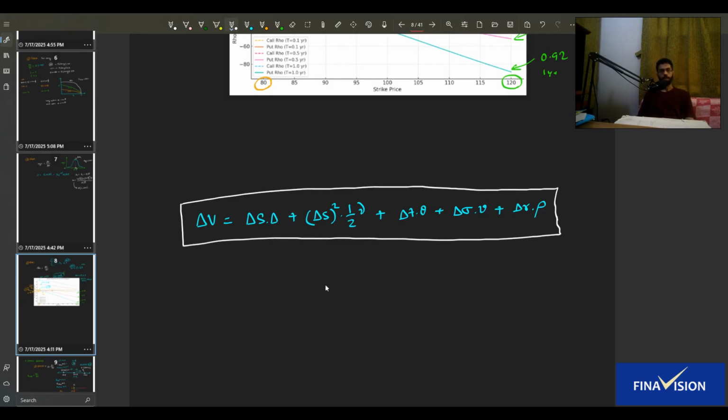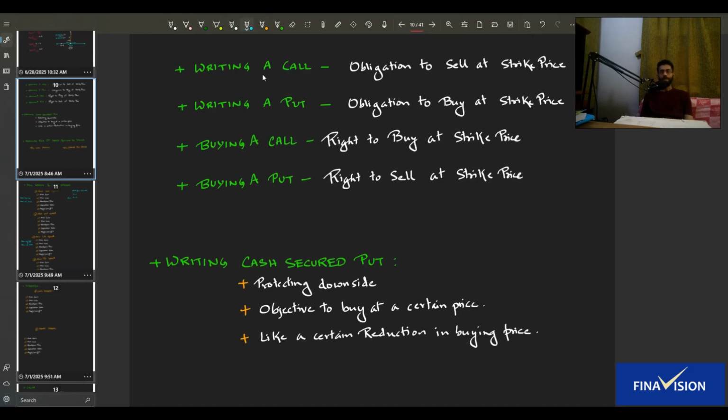Now friends, we will move into our option strategies once again. We have understood this equation just a little bit. Deeper understandings are beyond the scope of the CFA syllabus, so we will not get into the deeper mathematics of it. So friends, as we already know, there are calls and puts. These two are the options, and one can buy them or write them. That is, one can buy them or sell them.